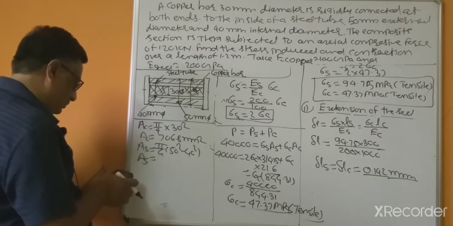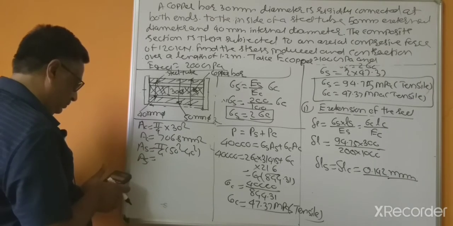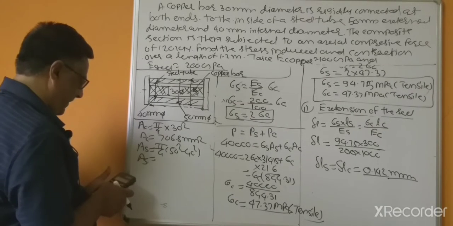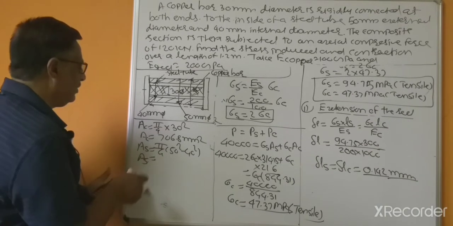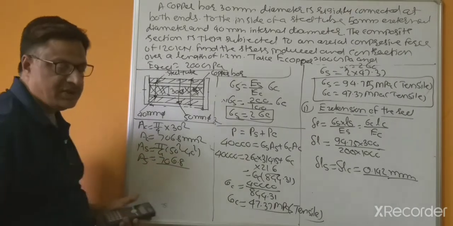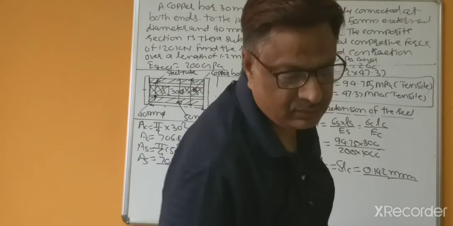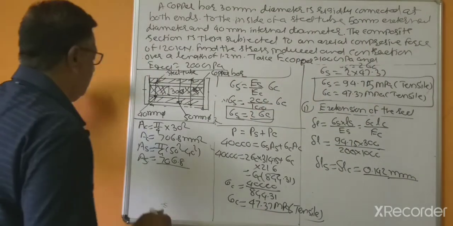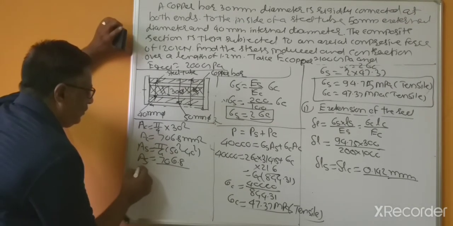AS equal to 706.8 again, you will get the same value. The area of cross section is the same for both in this case. Right, so next, second step.